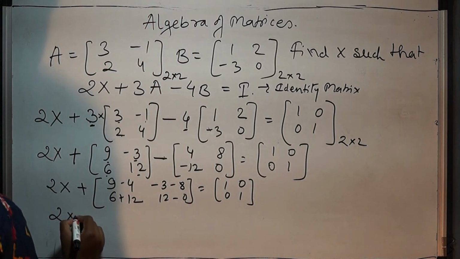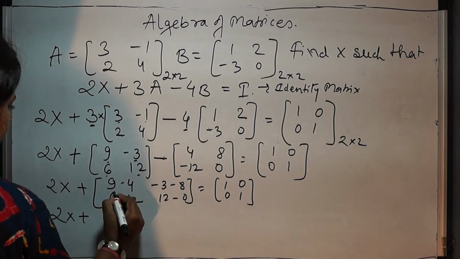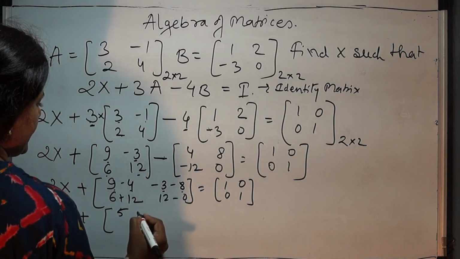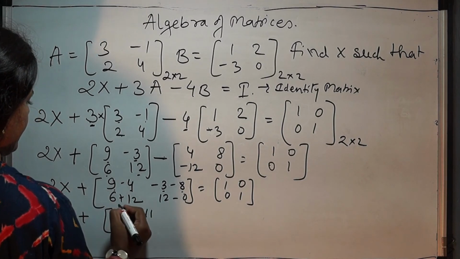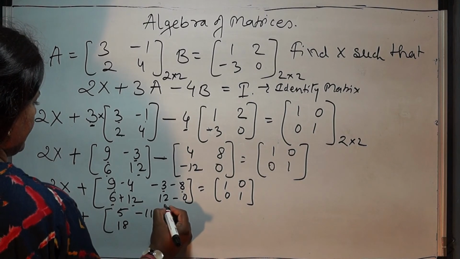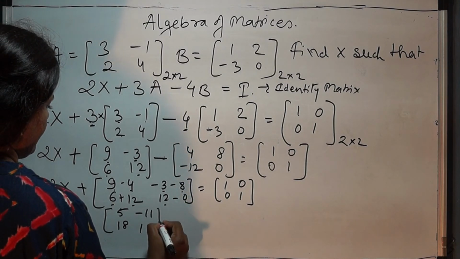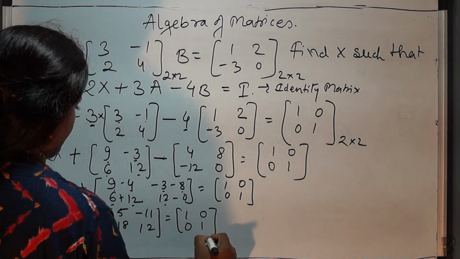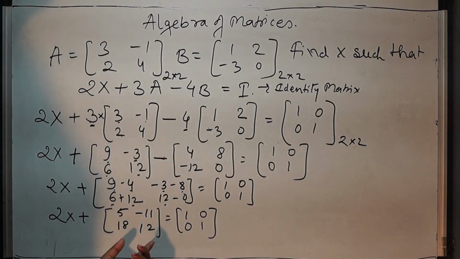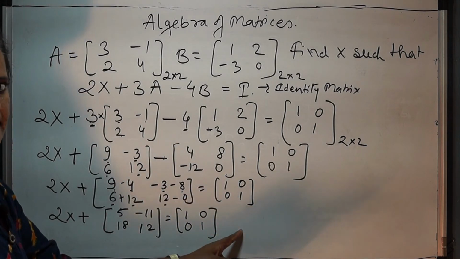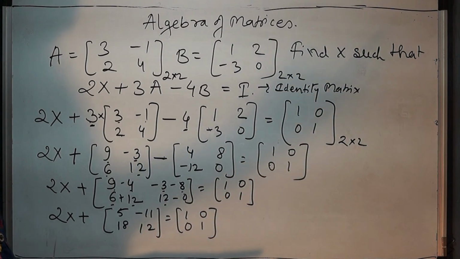Now 2x plus 9 minus 4 is 5, minus 3 minus 8 is minus 11, 6 plus 12 is 18, 12, is equal to 1 0 0 1.